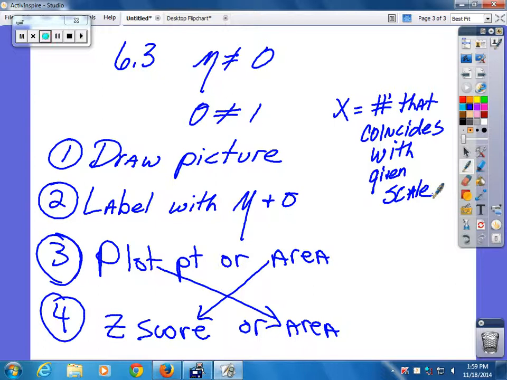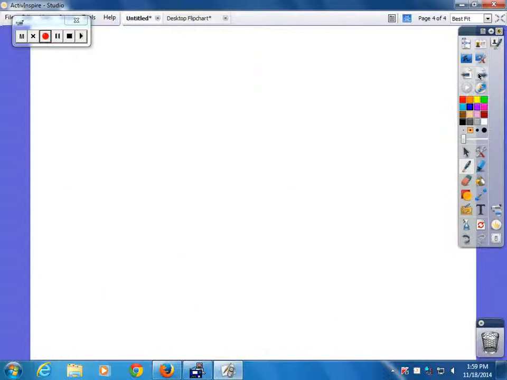X is the number that coincides with the given scale, and you can find the z-score if given. So here are the two formulas you'll use in 6.3. One you know very well: z is equal to x minus mu over the standard deviation. If you need to find a z-score to find an area, that's what you're going to use.